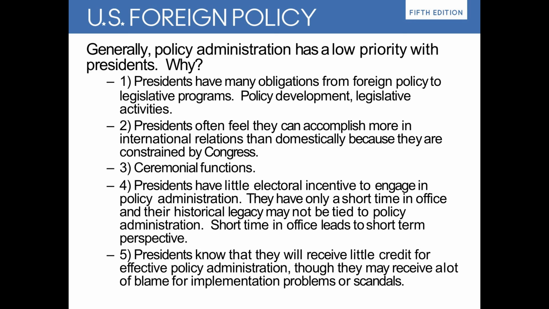They often feel they can accomplish more in international relations, so by engaging in diplomatic negotiations than by actually working on policy. Ceremonial functions, presidents have little electoral incentive, and finally, they know they will receive little credit for effective policy administration. So this is useful to think about how the executive order failed in terms of implementation in particular.